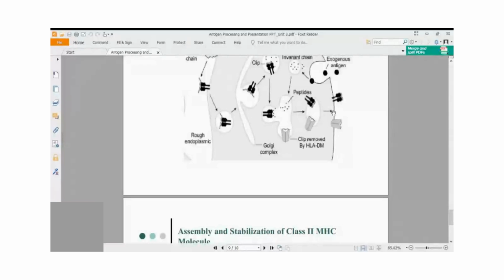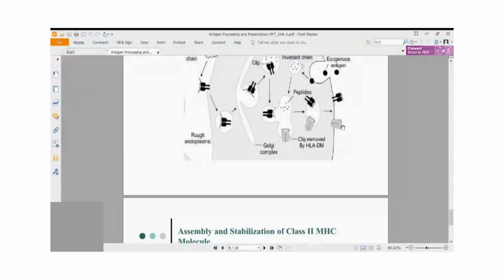And on coming in contact with the plasma membrane from the internal surface, once again it will fuse and evert out. By everting out, it will expose the class 2 MHC with the non-self antigen of the exogenous origin and HLA-DM of clip protein.